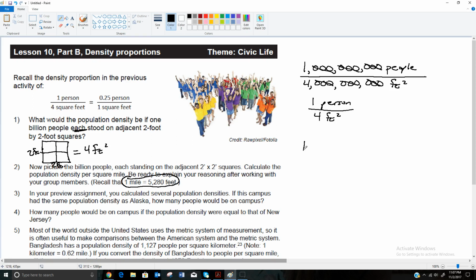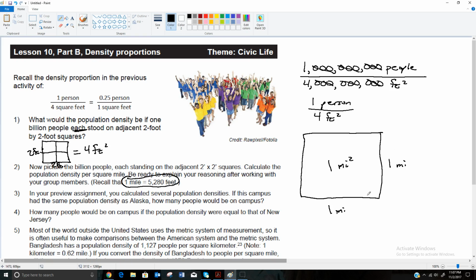So let me draw another picture to illustrate this. If you had an area that was 1 square mile, that would mean it would be 1 mile long and 1 mile wide.